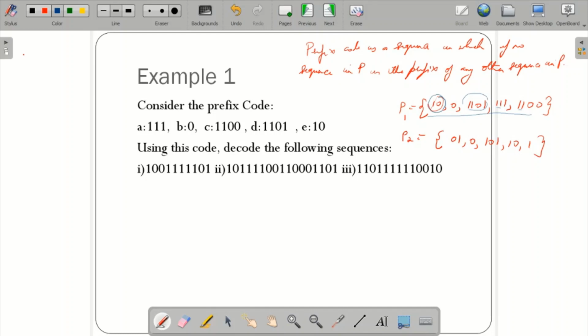So it is 10, 10, and then check for 0, just 0, then 111, then 1101. Now 10 is E, 0 is B, 111 is A, and 1101 is D. So this can be decoded into EBAD. So this is the first sequence.